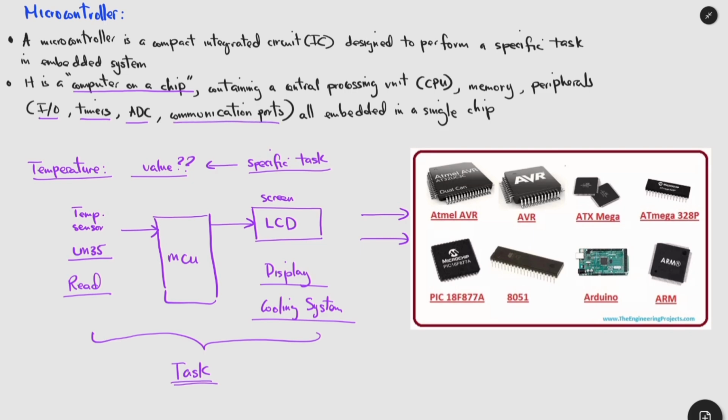So all of these functions are embedded inside a microcontroller. And the microcontroller itself can be regarded as a controller. If you later want to build any form of project where you require automation or a specific task you want to achieve, you can choose a microcontroller.